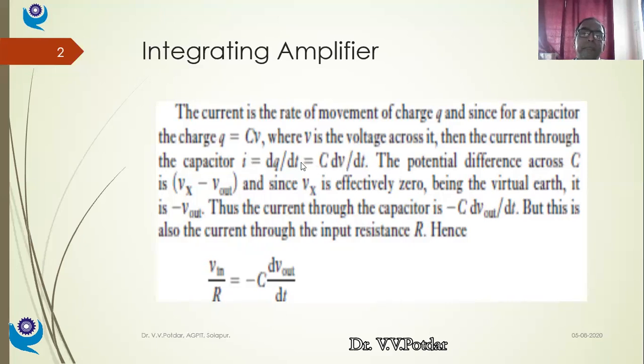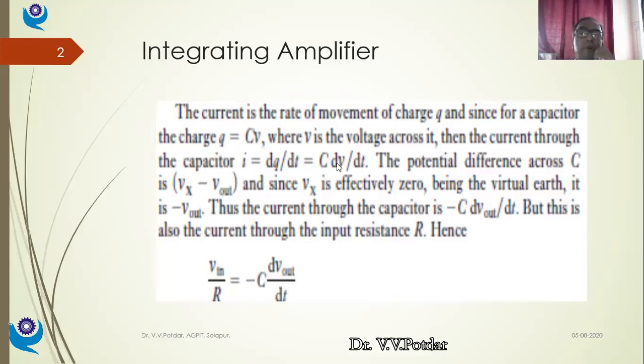Understood? I is equal to C into dV by dt. Take this C on this side, so it will be 1 by C into I. Take this dt on the other side, so dV out is equal to 1 by C I dt.